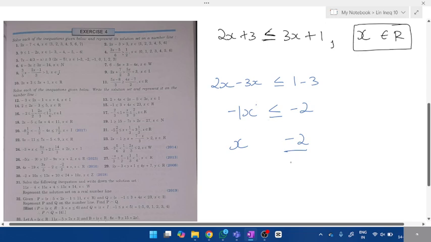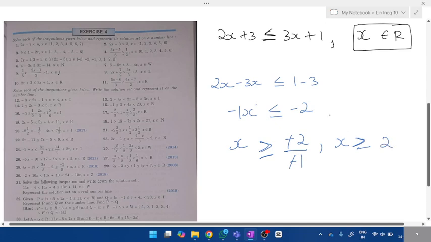If you divide by minus 1, it changes. Yes, less than or equal to will become greater than or equal to. Always write the variable on the left hand side, students. Try to bring the variable x to the left hand side. x is greater than or equal to, minus and minus get cancelled. What's the final answer? x is greater than or equal to 2.